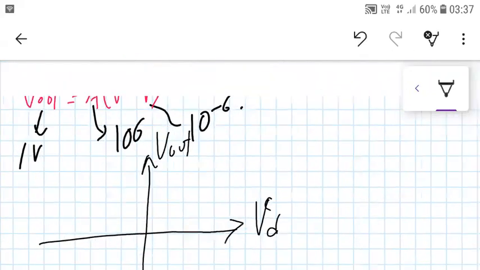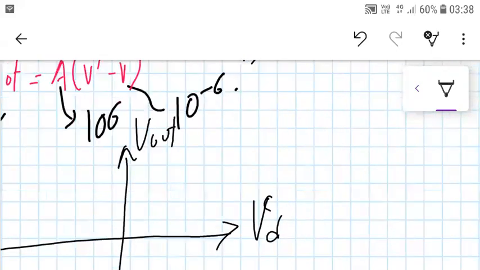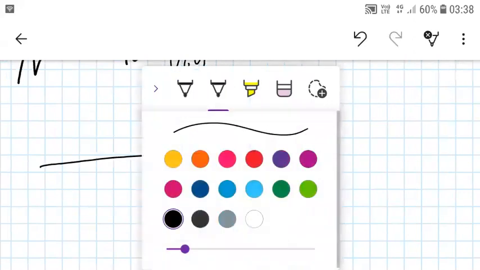Earlier I said that the difference between V plus and V minus cannot be 10 raised to minus 6. It's possible in the case of biomedical signals whose amplitude is in the microvolt range, but it's not recommended to use the op-amp in open loop configuration because of the following disadvantages.